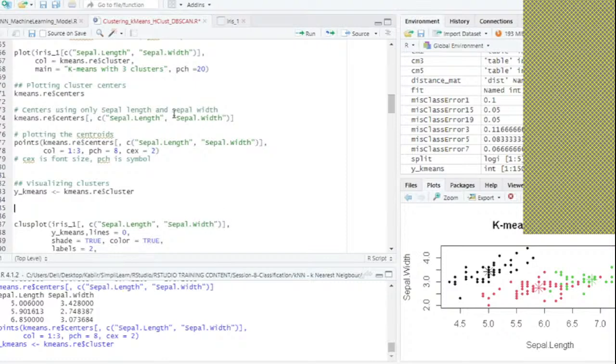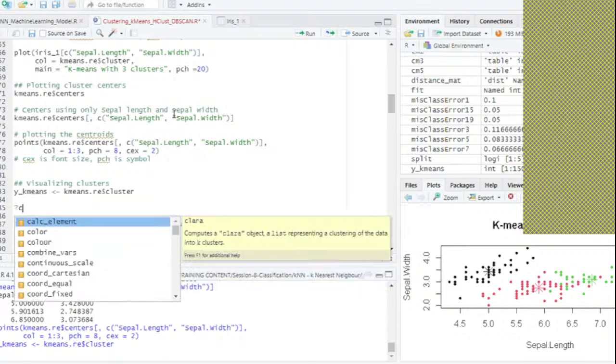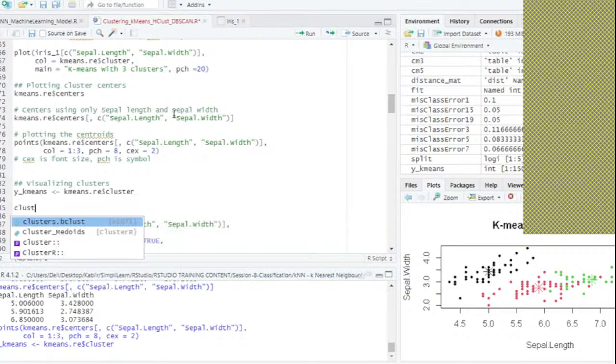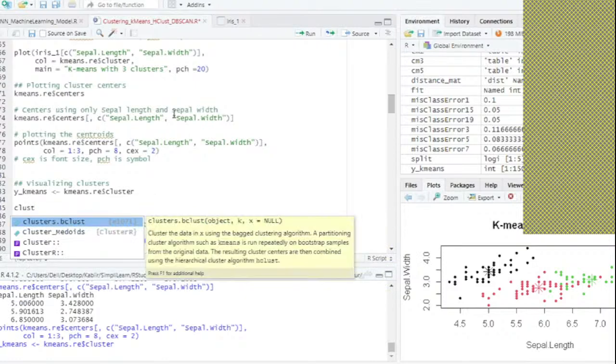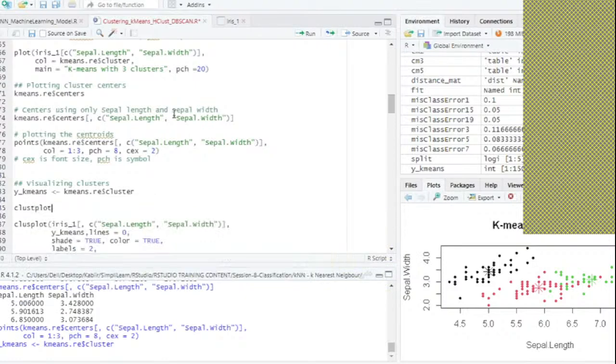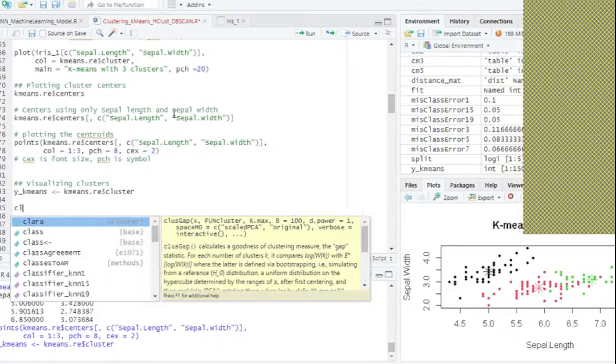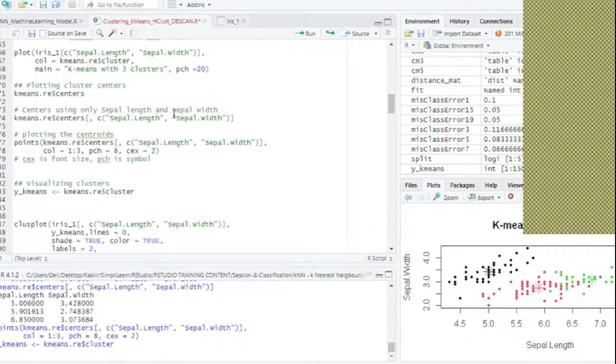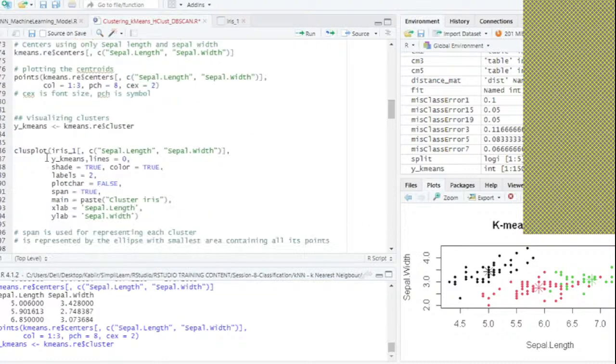So, clus plot. It helps you create the clusters.